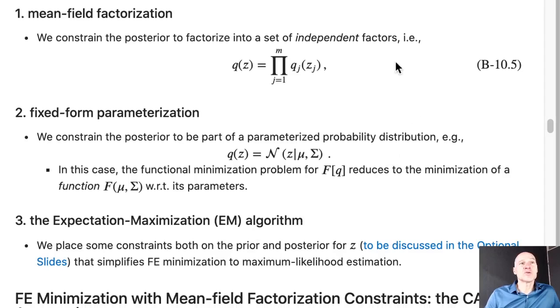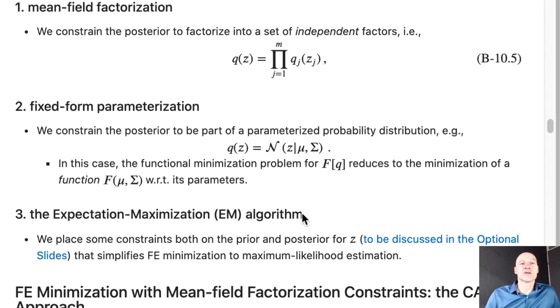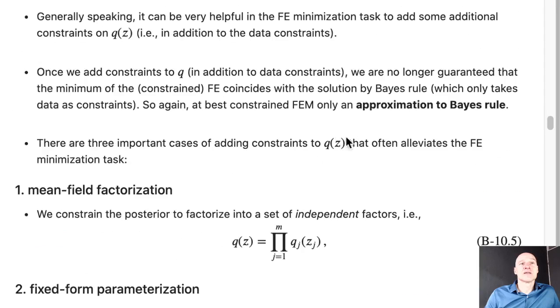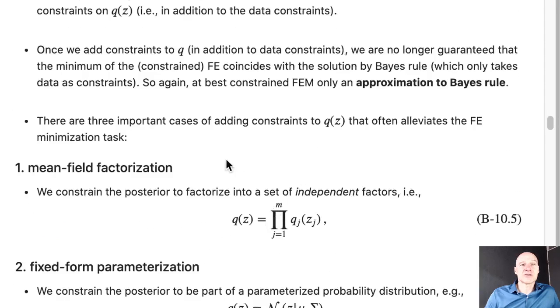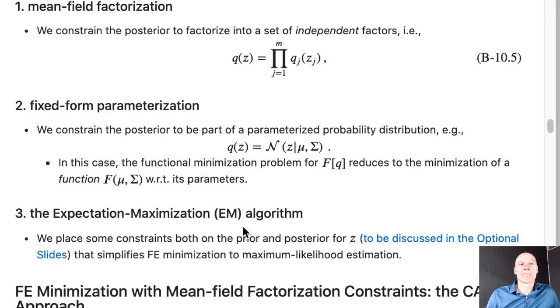So what we're going to do is, just as an example, let's implement this constraint. On top of data constraints, I'm going to assume what are called mean field constraints, a factorization in the posterior.